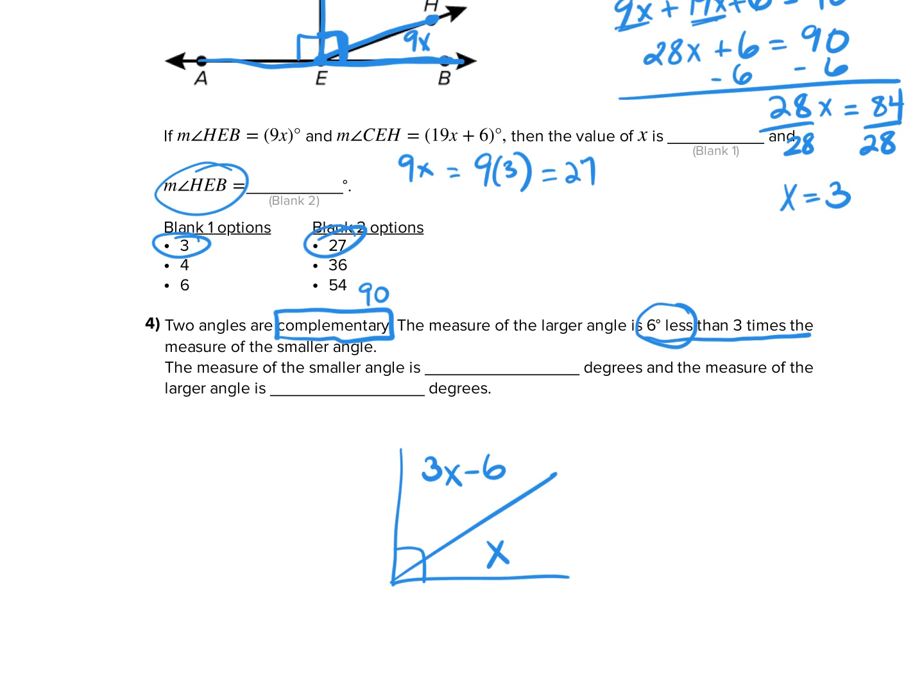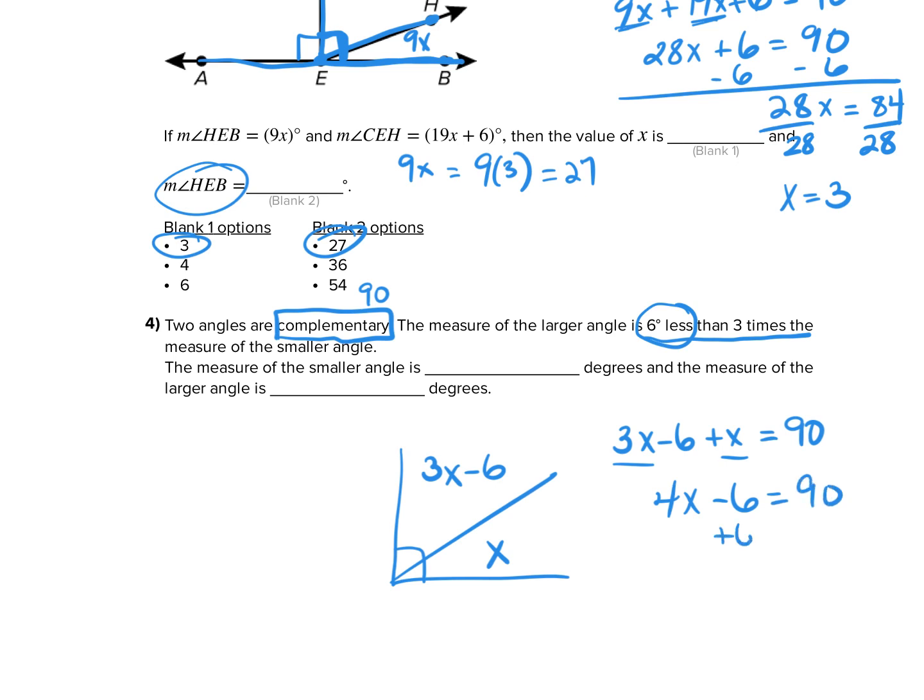So these two angles, when I add them together, will give me 90. So that's going to be 3x minus 6 plus x equals 90. Well, I have an x and a 3x, so that's going to give me 4x.